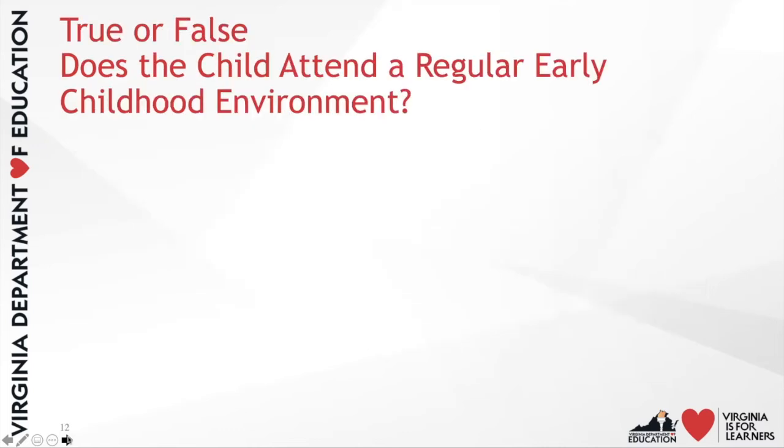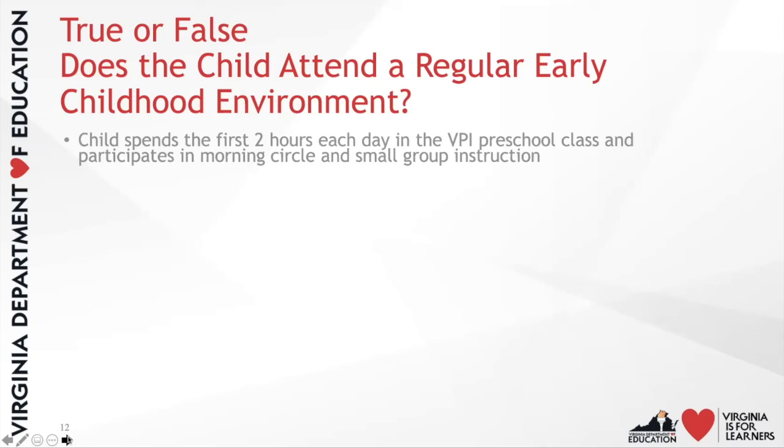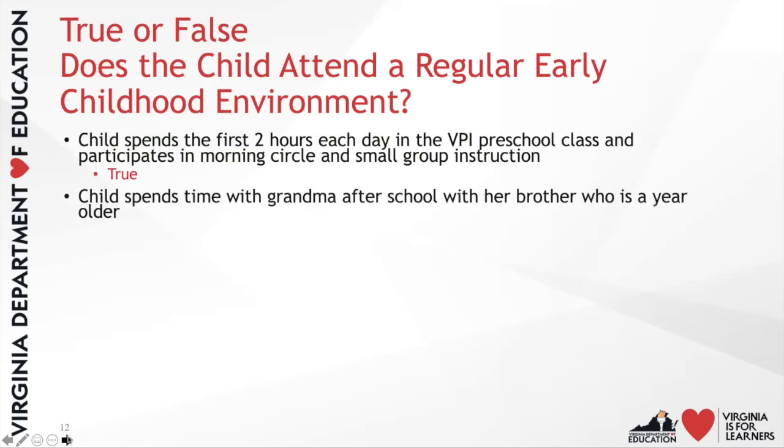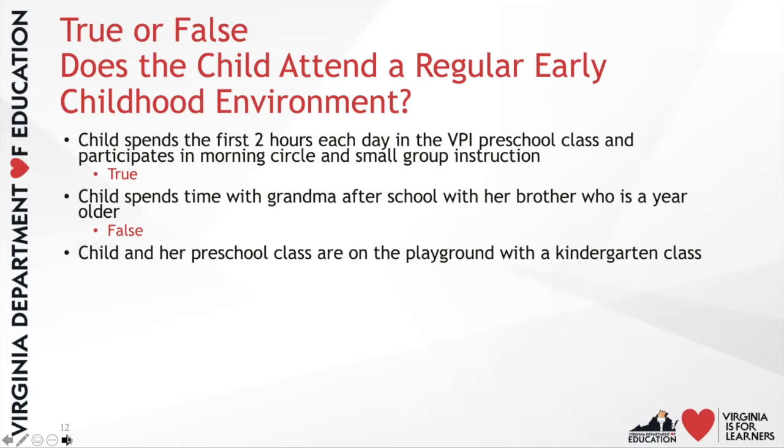Let's now look at some examples and determine whether the examples qualify as attending a regular early childhood program. Answer true if the child is attending and false if he or she is not attending. A child spends the first 12 hours each day in the VPI preschool class and participates in morning circle and small group instruction. True. A child spends time with grandma after school with her brother who is a year older. That is false. A child and her preschool class are on the playground with a kindergarten class.